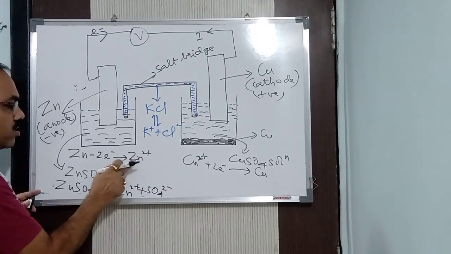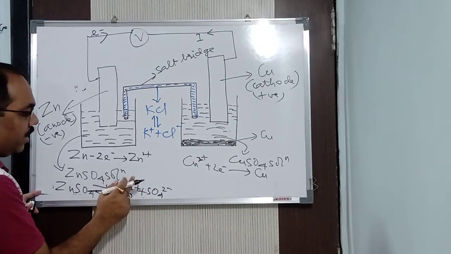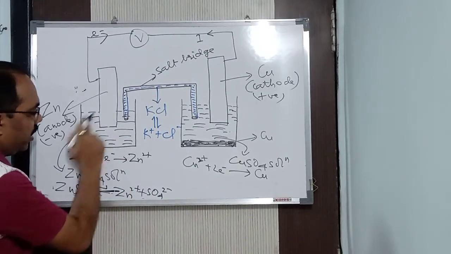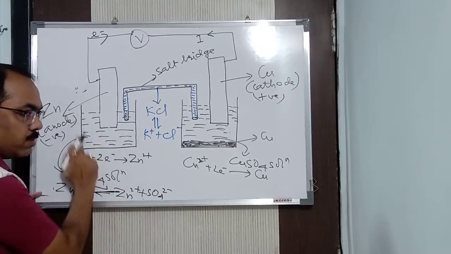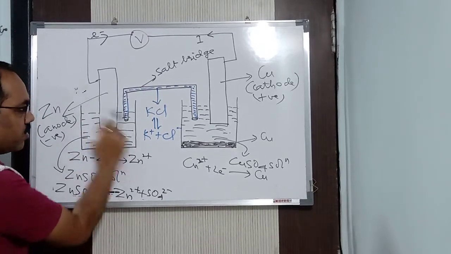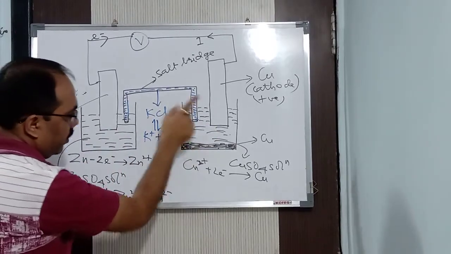So this zinc will react with sulfate to form zinc sulfate. So ultimately zinc ions get accumulated here, so this particular cell becomes slightly positive. Clear?